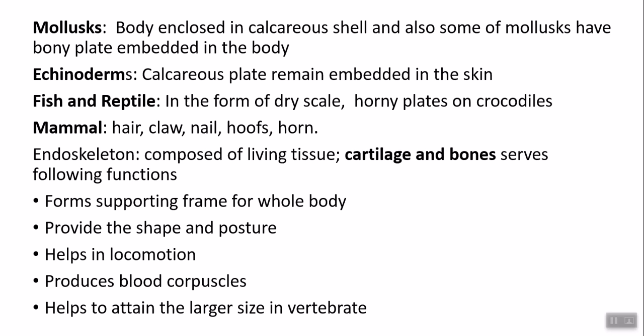The endoskeleton is composed of living tissue like cartilages and bones that serve the functions of a supporting frame to the body, provide shape and posture to the animals, help in locomotion, produce blood corpuscles, which means producing WBCs, RBCs and platelets, and help to attain the large size of the animal. It's all because of the bones. Otherwise, the size of the animals would be quite small, including humans, because we look quite tall and huge because of the bones that give the frame.